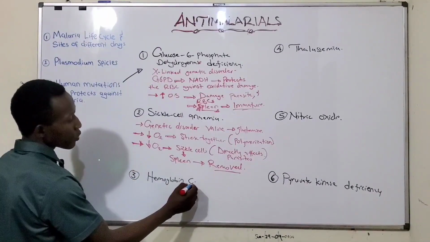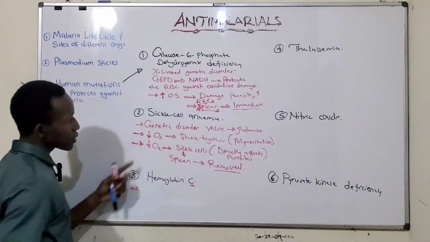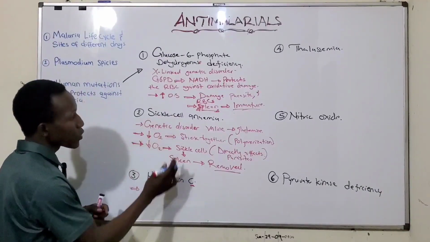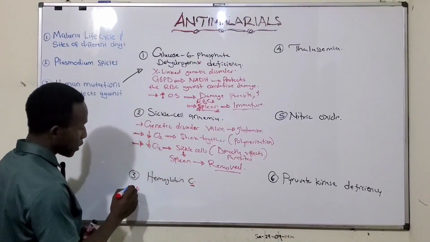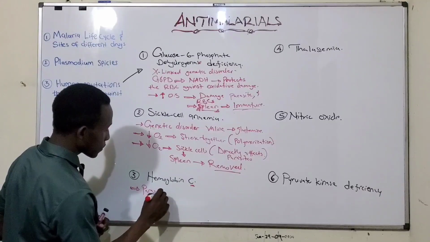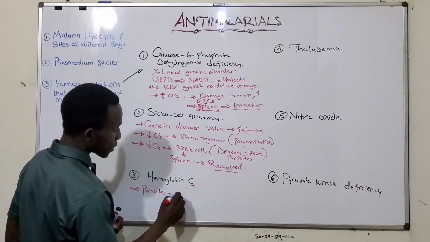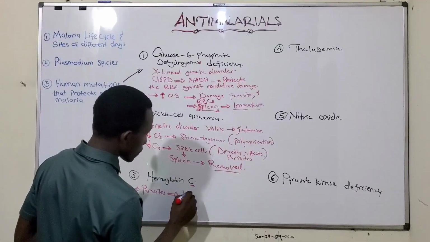Now, when it comes to hemoglobin C, it also acts in the same way as the sickle cell, but it won't produce much sickling of the cells. But remember, the parasites produce proteins called knobs.